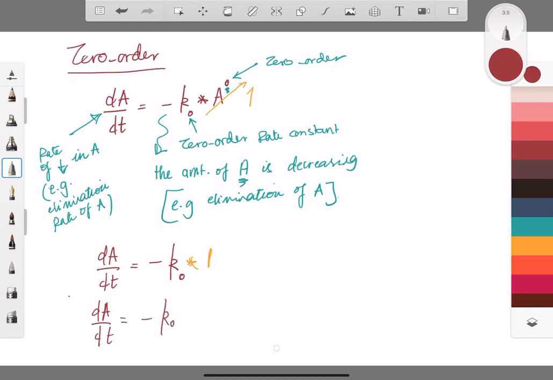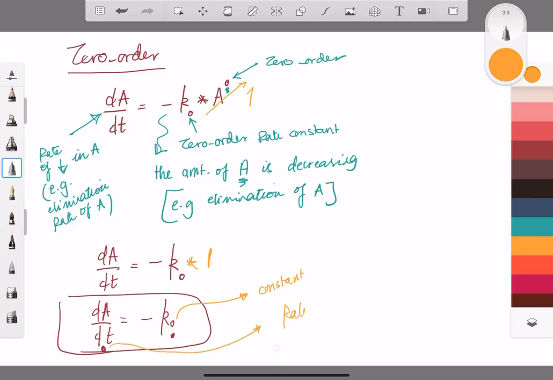So this is the differential equation of the zero order reaction. This will be, as I said, the zero order rate constant, and this is the rate of decrease in A. We just mentioned this is constant, right? So by default, the rate of decrease that follows zero order reaction is constant because it's equal to a constant.